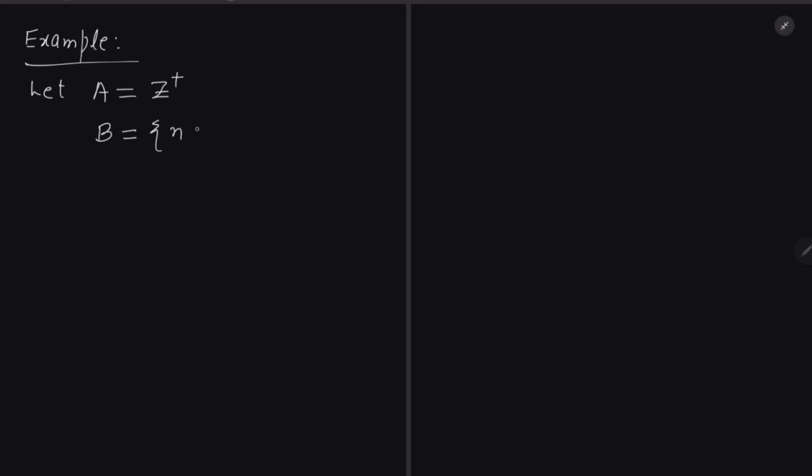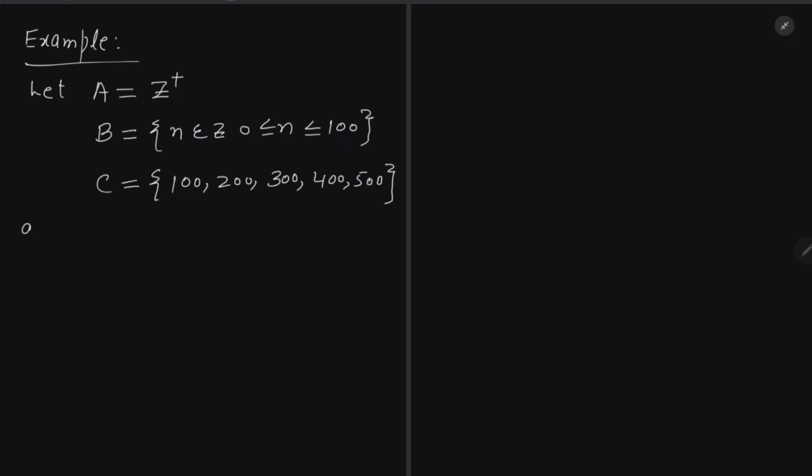B is n belonging to Z and n is 0 to 100, and C is 100, 200, 300, 400 and 500.